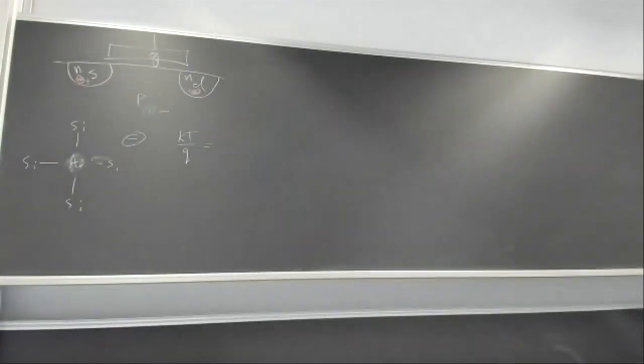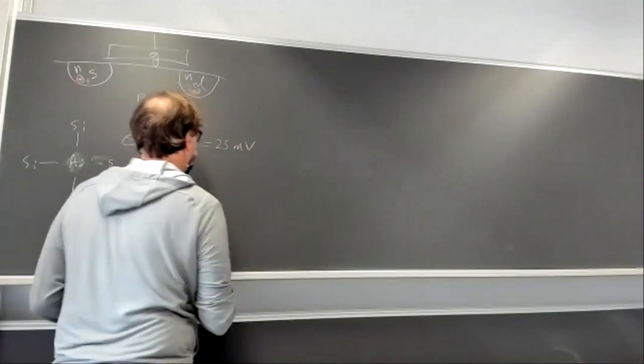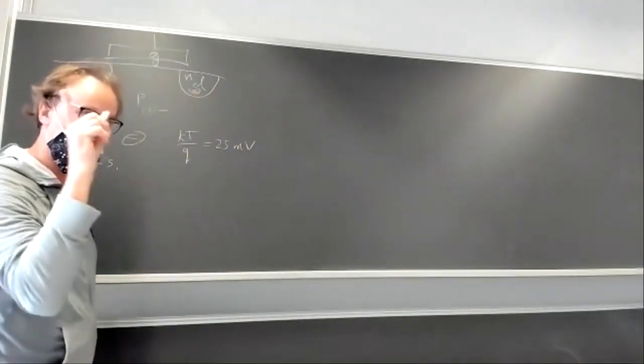Okay, so just write the thermal voltage. Anybody know that number? 26 millivolts. Yeah. Not 25 millivolts. We'll just call it 25 millivolts. That's a voltage, but it actually corresponds, sorry, just a moment.